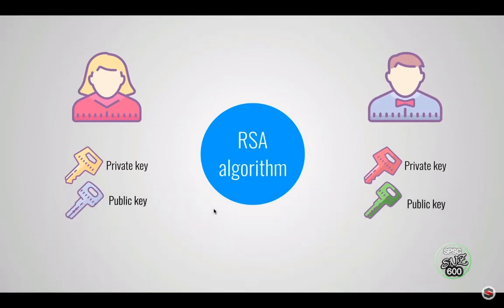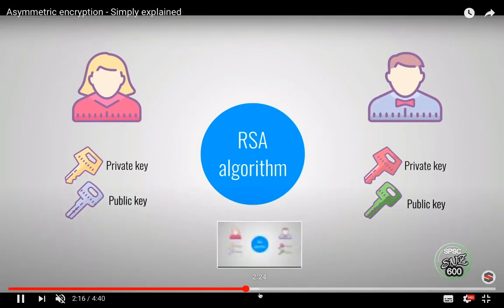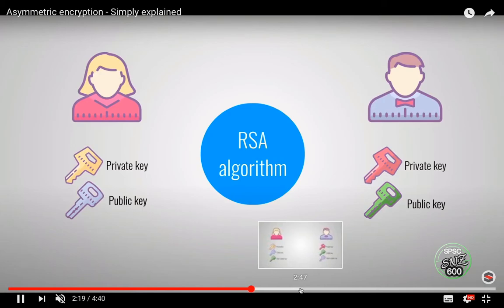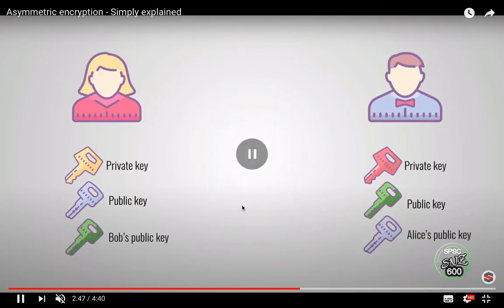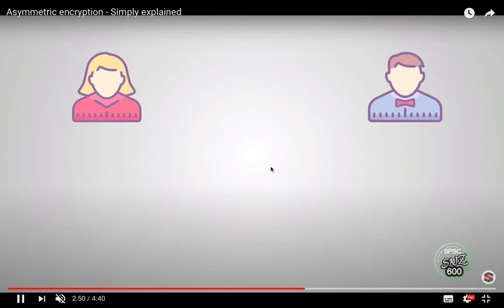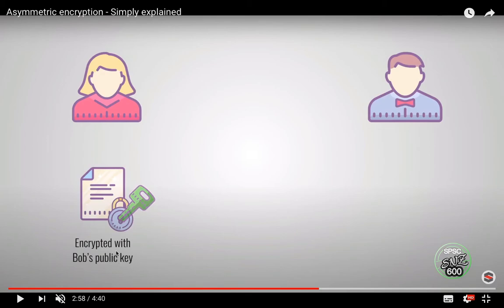So Bob needs to share his public key with Alice, and Alice needs to share her public key with Bob, so that the messages can be transferred. Now Alice will encrypt the message using Bob's public key.